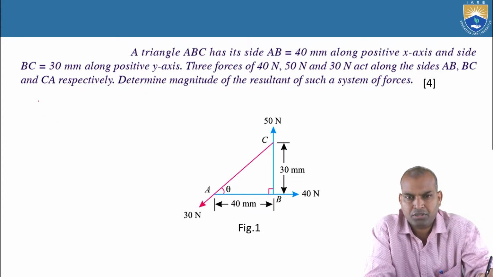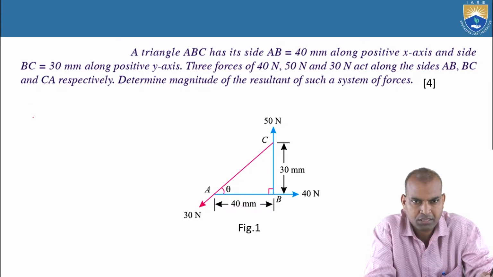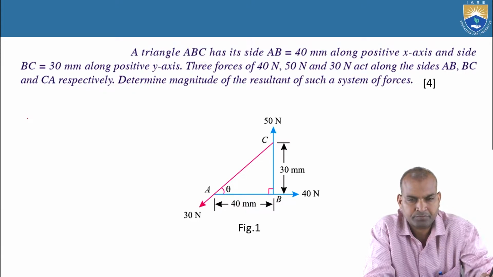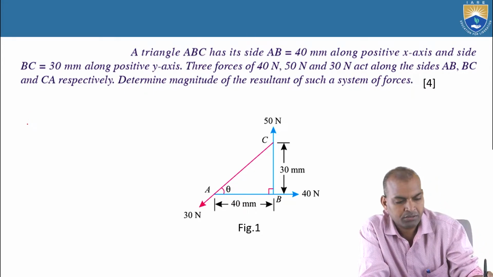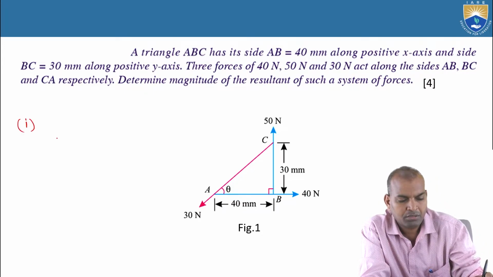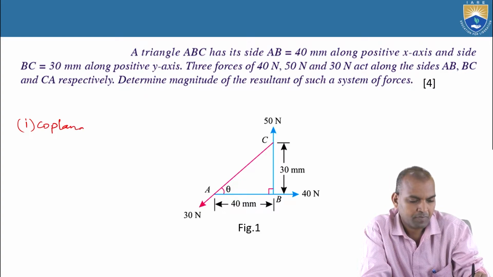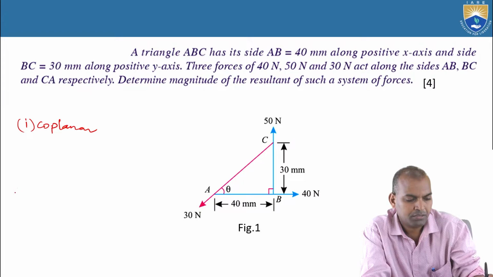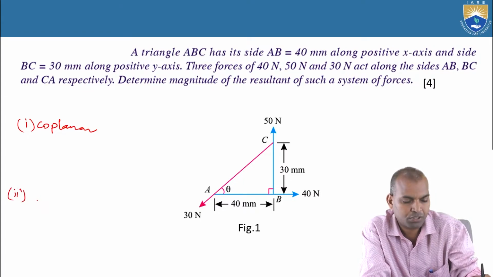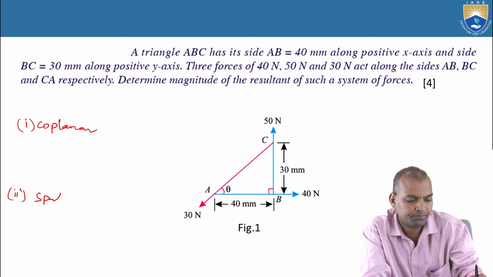Now let us recapitulate some of the fundamentals of system of forces. There are various systems of forces, such as number 1, coplanar force system, and number 2 is non-coplanar force system or spatial force system.